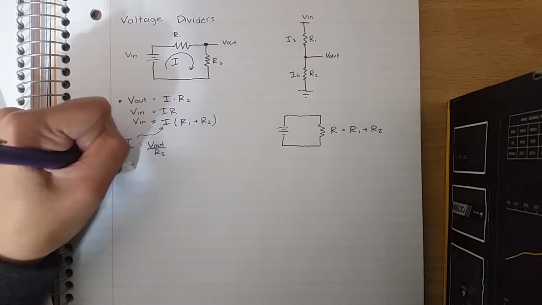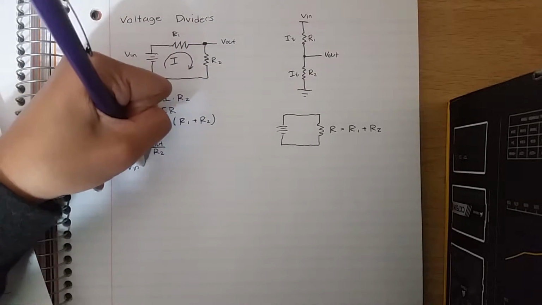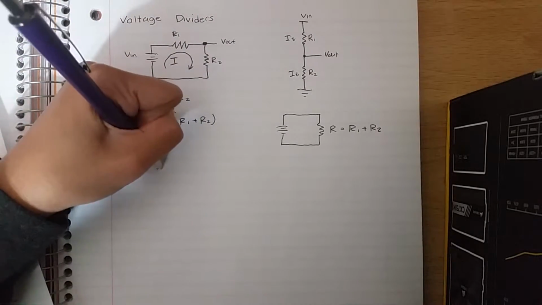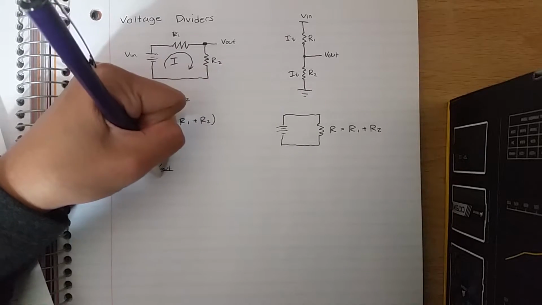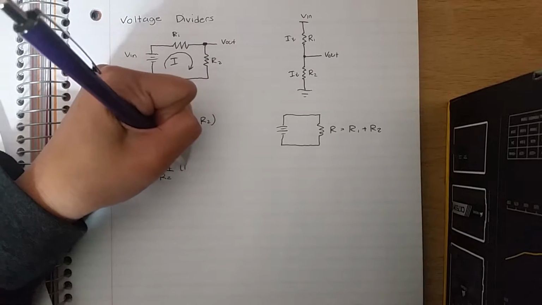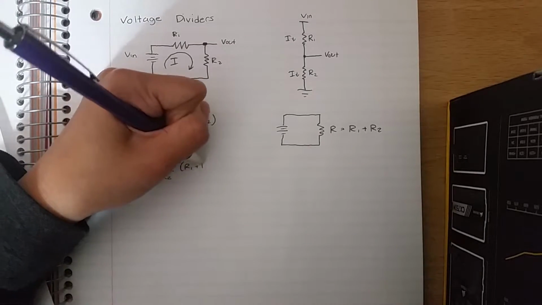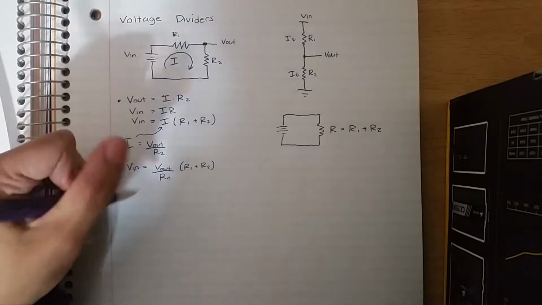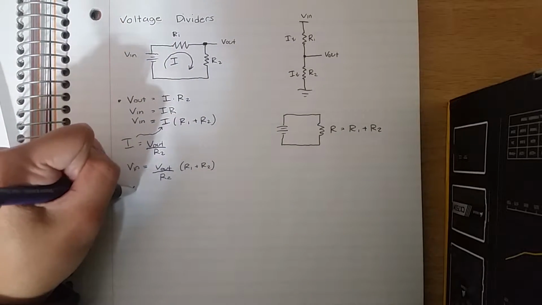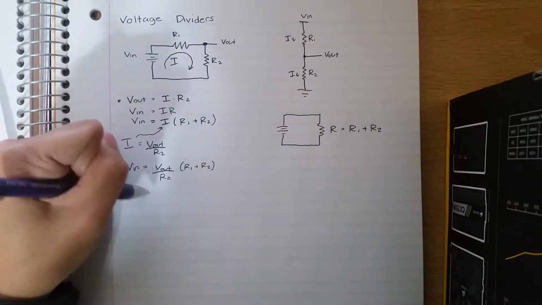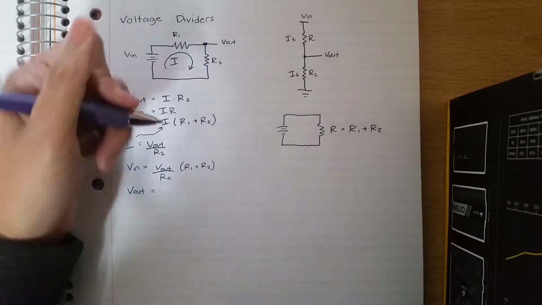We have V in equals V out, sorry for the messy handwriting, over R2, times R1 plus R2. Now this is great, but we could simplify this. We can isolate V out, and we can solve for V out.